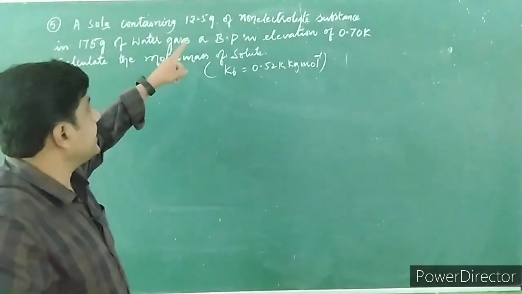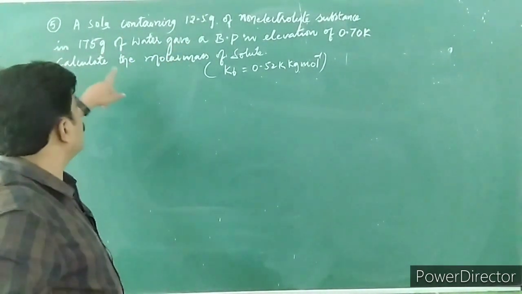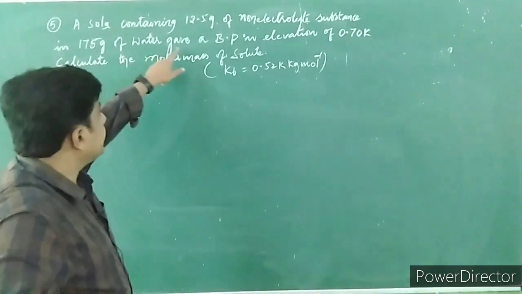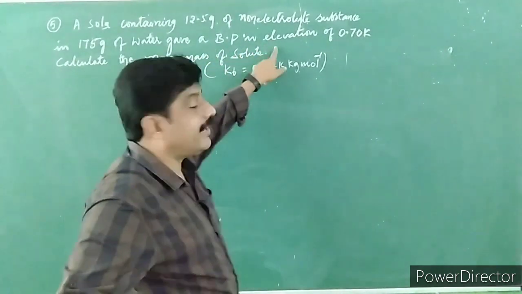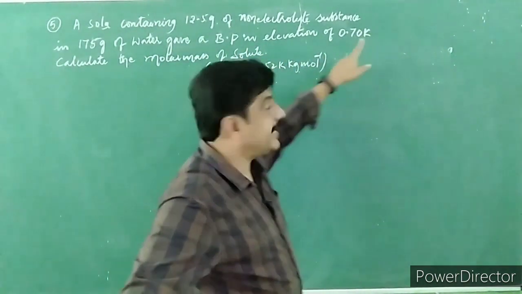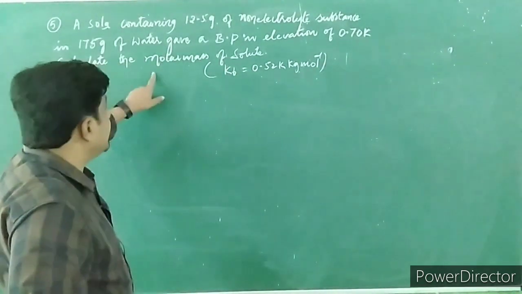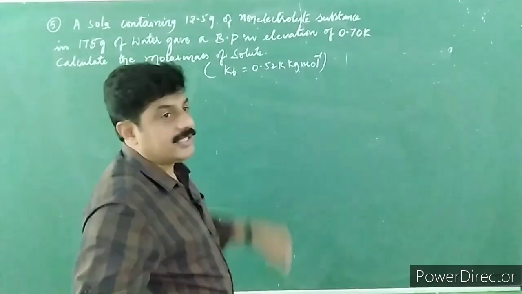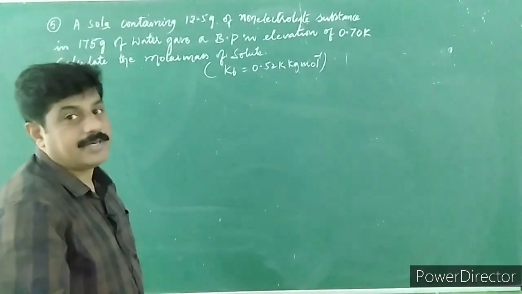A solution containing 12.5 grams of non-electrolyte substance in 175 grams of water gave a boiling point elevation of 0.70 Kelvin. Calculate the molar mass of solute. Kb value is given here, 0.52 Kelvin kg per mole.